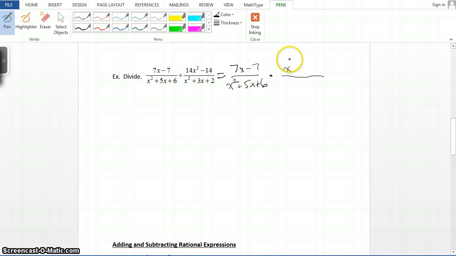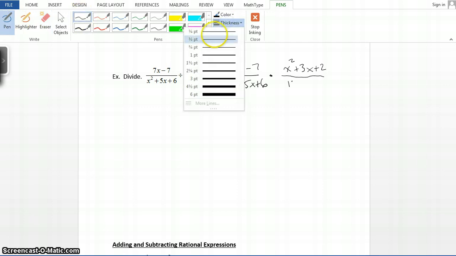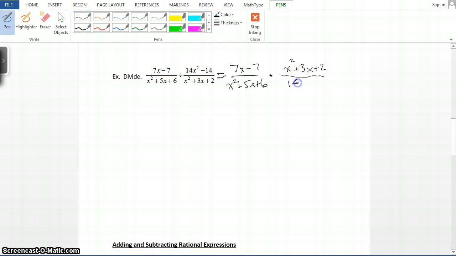So my numerator now is x squared plus 3x plus 2. My denominator now is 14x squared minus 14.